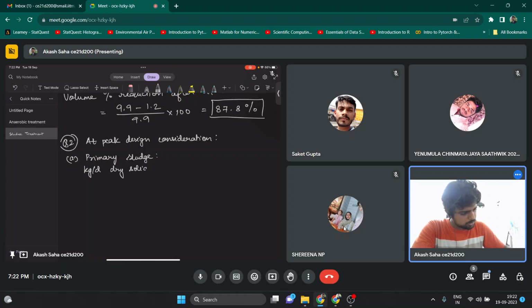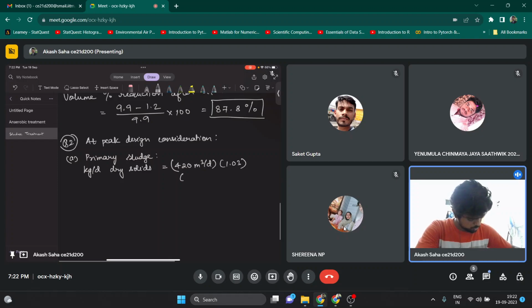How much dry solids am I getting? It will be equal to the flow rate, that is 420 meter cube per day, into the specific gravity, into 0.034, that is the solid content gram per gram, into the density.